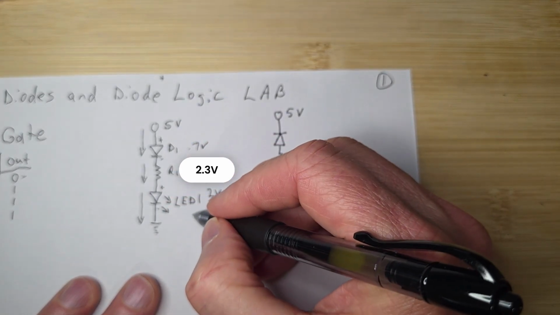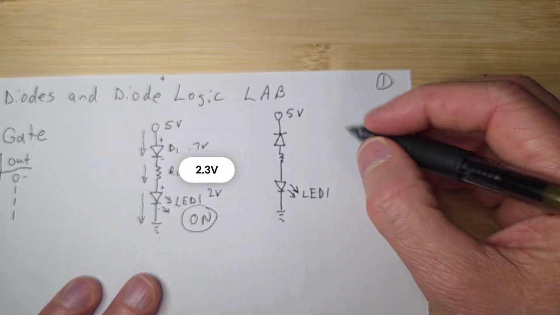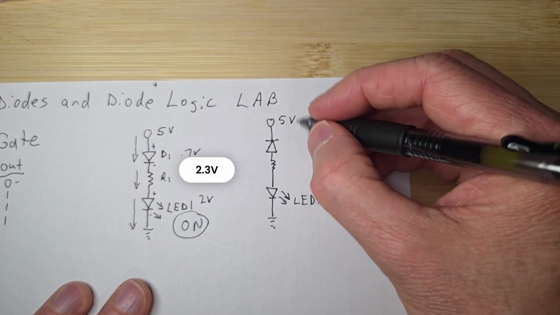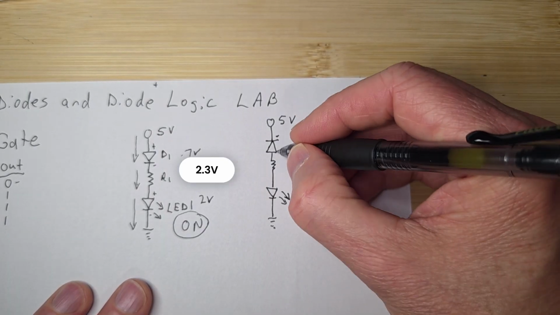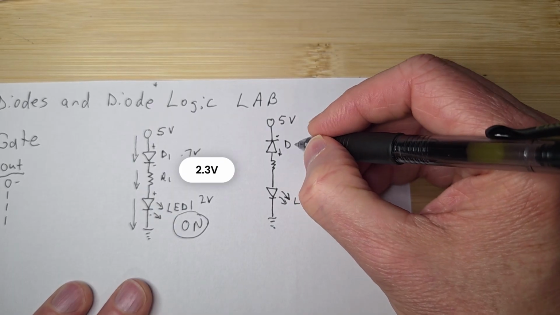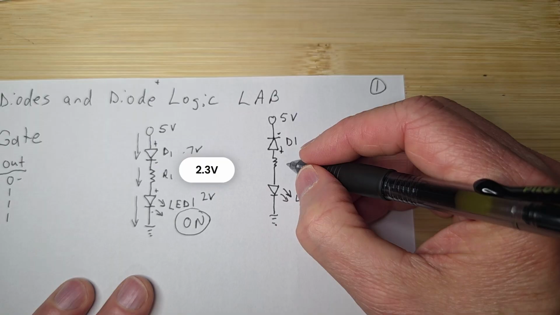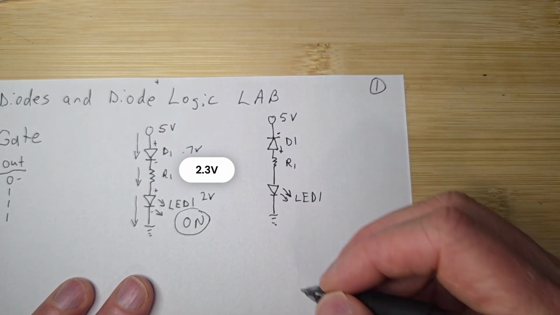So this would be on, right? Because I'm seeing a light. Now I've got the negative side up here against the positive side, so this is D1, this is R1, and this is the LED.